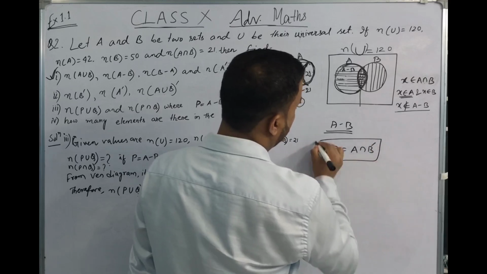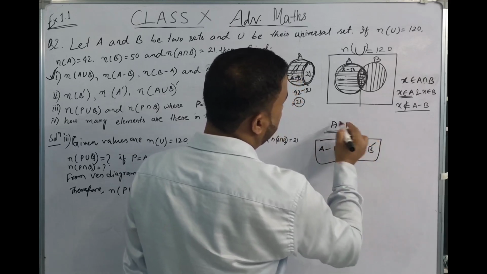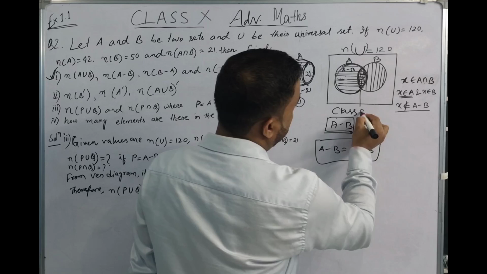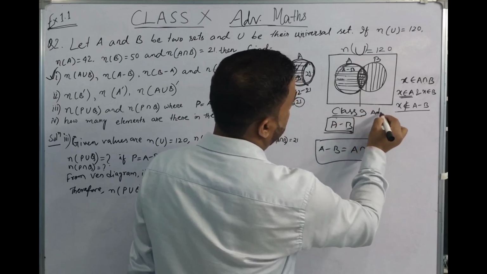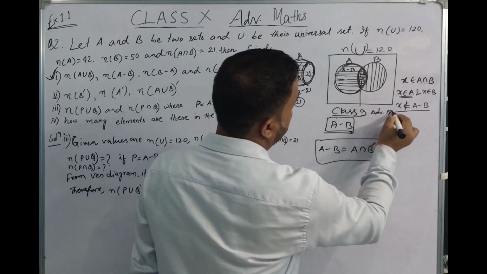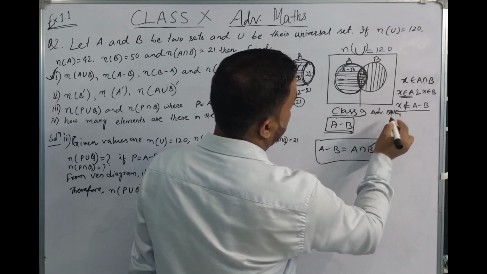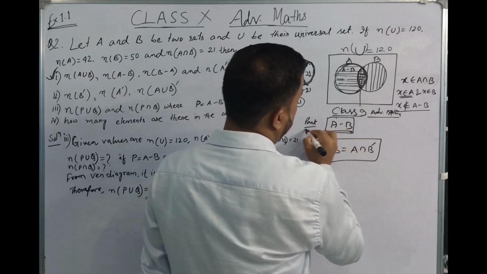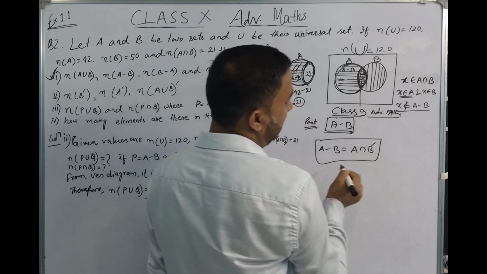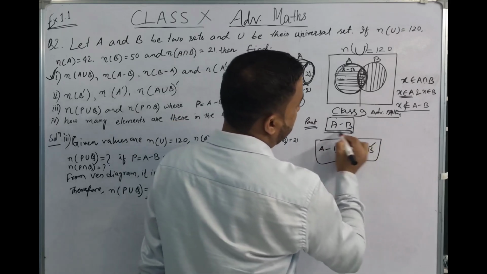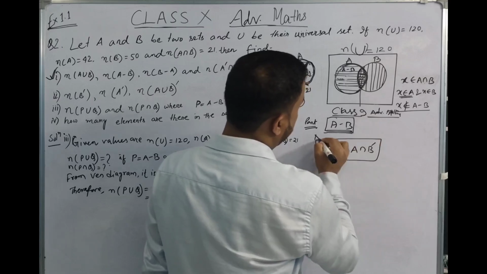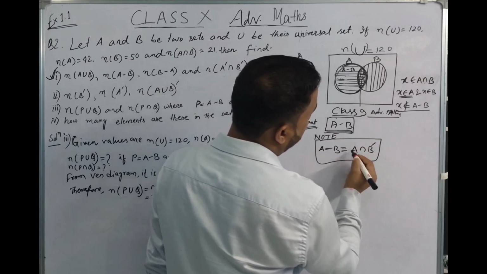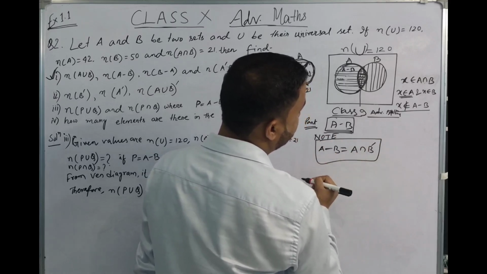It was given as a note in the part of class 9 where A difference B was mentioned. It was given as a note that A difference B is equal to A intersection B complement.